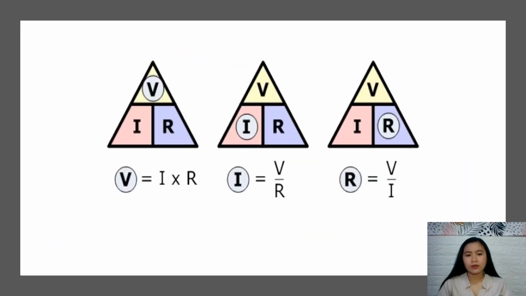So as you can see in this picture, we have three equations. These three equations came from the first equation that I have shown a while ago. So we can use any of these equations.